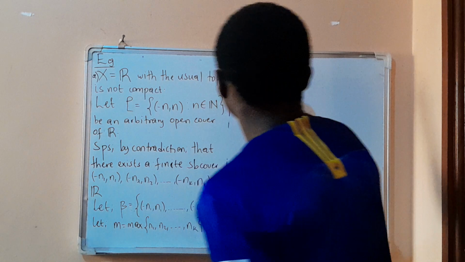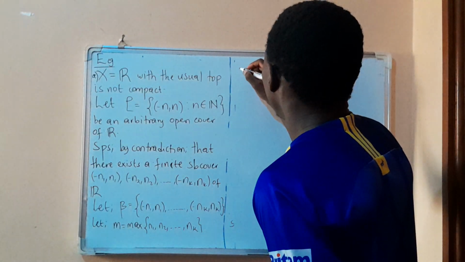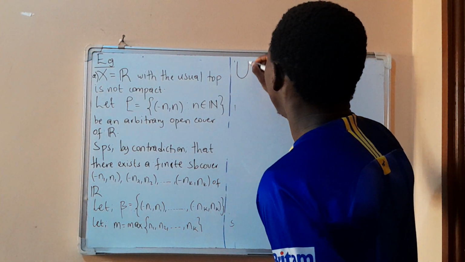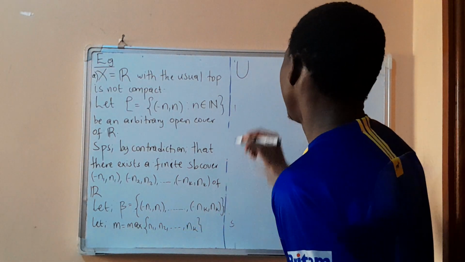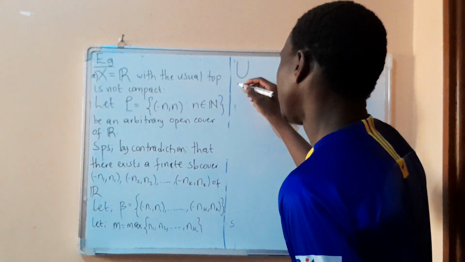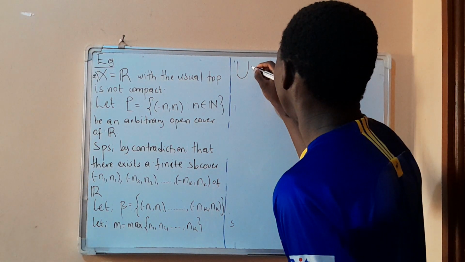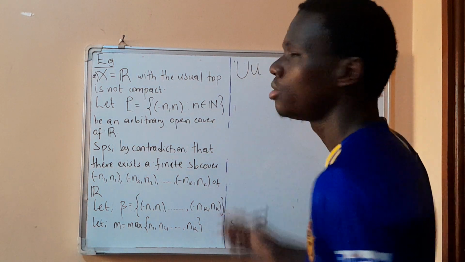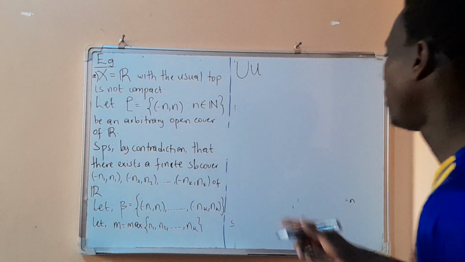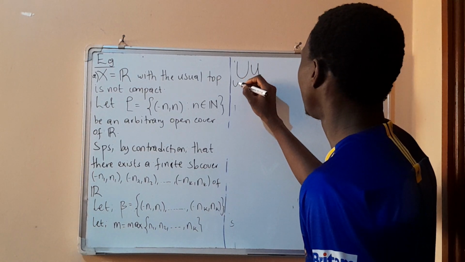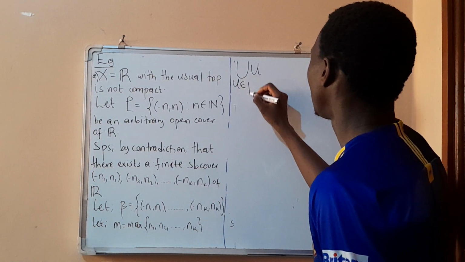So now the union of these sets U, whereby these sets are coming from the collection beta.